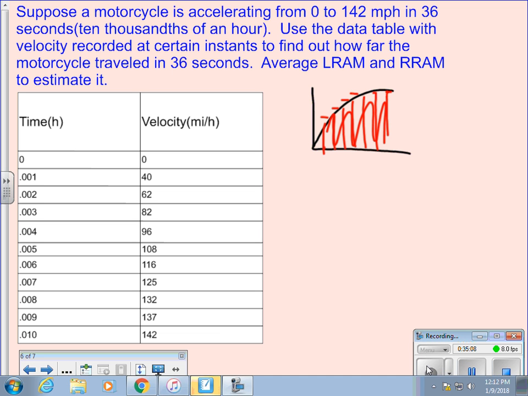What is the width of the first rectangle? 0.01. What's the width of the next one? 0.01. What's the next one? 0.01. You're welcome. They're all the same width. Trust me, because if I am multiplying the same number times a bunch of numbers, what can I do? I can factor it out and just add up the rest of them, right? If I have 2 times 4 plus 2 times 8 plus 2 times 9, what do I do? I take 4 plus 8 plus 9 and multiply that times 2, right?